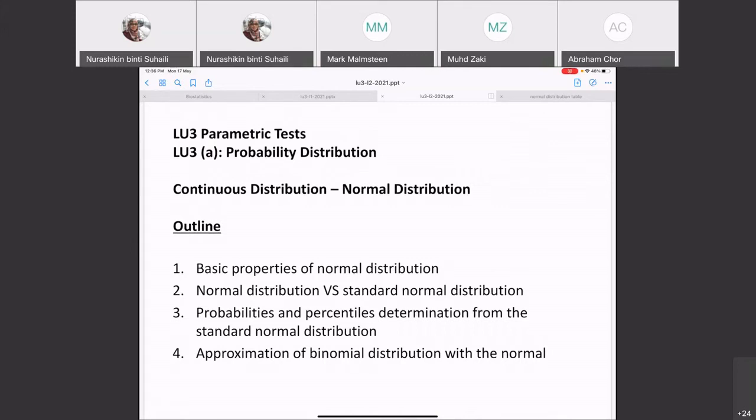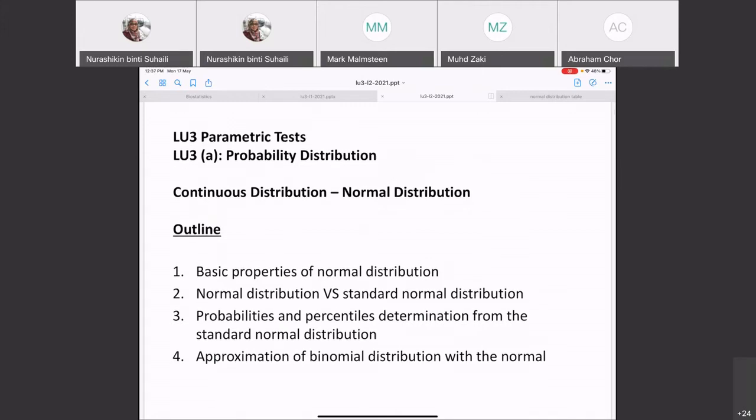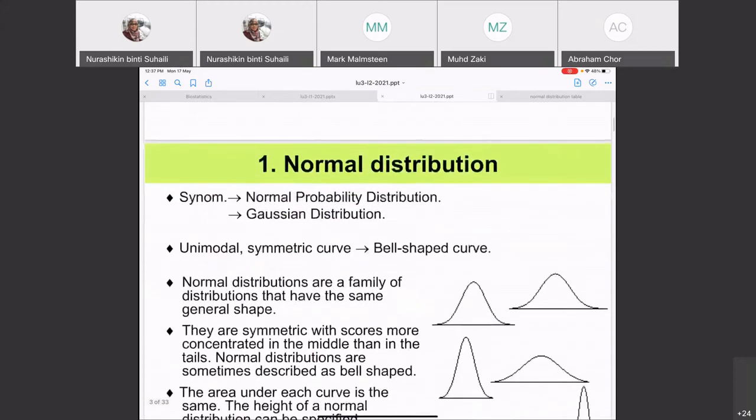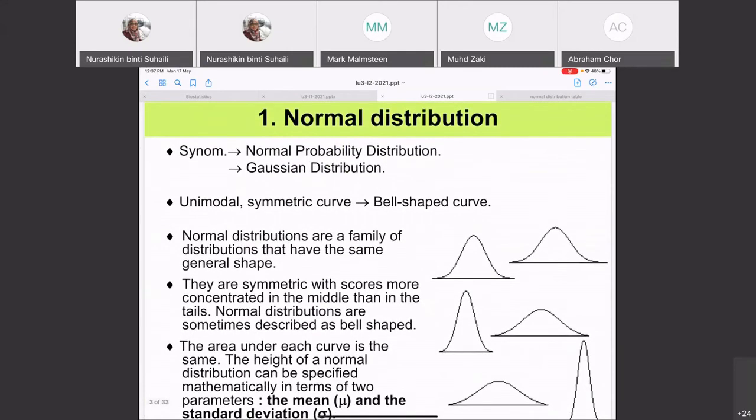I hope this normal distribution is a revision for you, so that it is not strange to you. I hope you have learned it somewhere before, and this is just to revise what you may have forgotten.